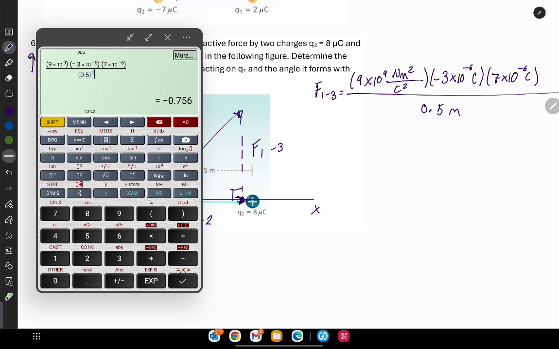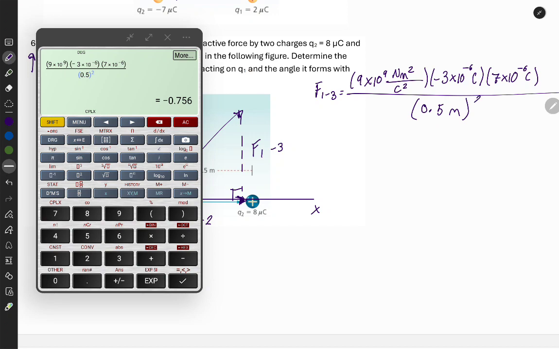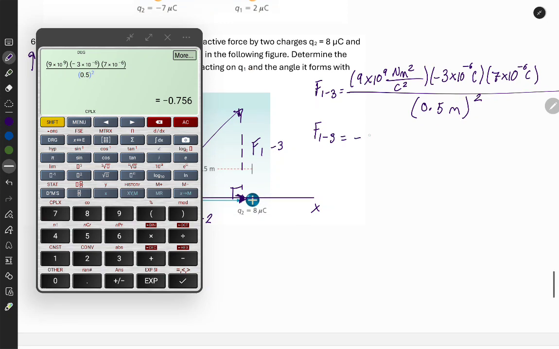So the force from the charge number 1 to the charge number 3 is equal to minus 0.756 newtons in this case, with the square meters cancelling the square meters.